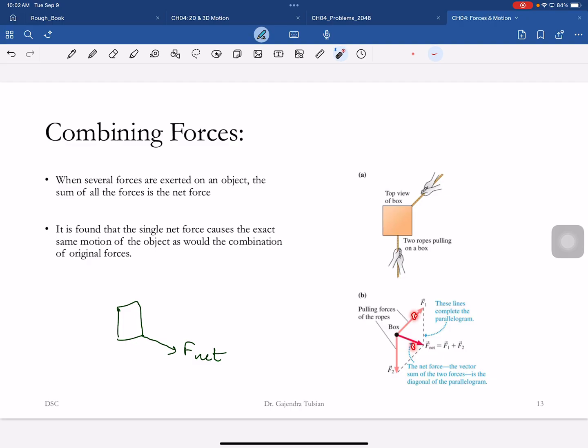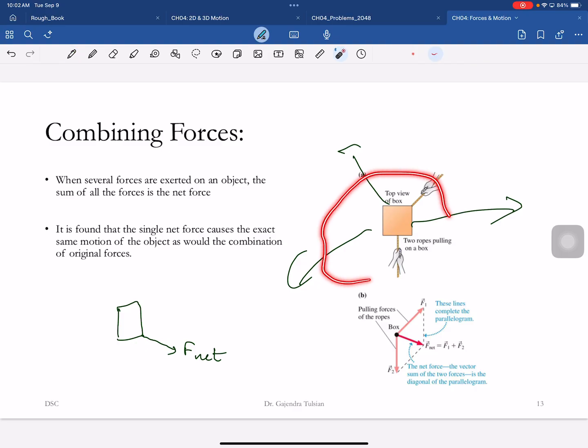And this force is just the sum of these two forces. So it's found that a single net force causes the exact same motion of the object as would the combination of original forces. And this is true no matter how many forces are acting on it. So if you have 100 forces acting on the object, all you have to do is add all the forces up, and the effect of the net force would be the same as the effect of all the forces combined.